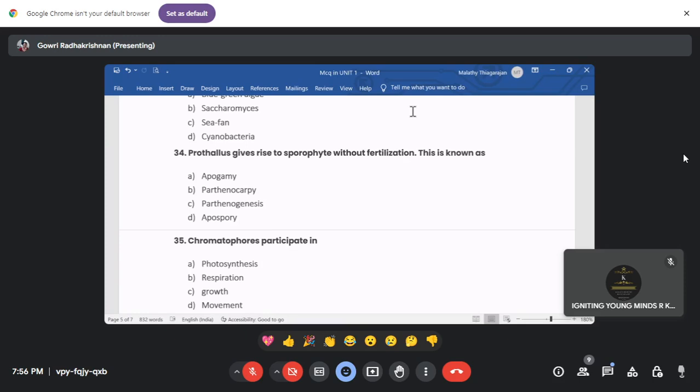Prothallus gives rise to sporophyte without fertilization. This is known as? I think option C, ma'am. Parthenogenesis. No. Prothallus giving rise to sporophyte without fertilization is apogamy. Parthenogenesis is without fertilization, the fruit itself will come.